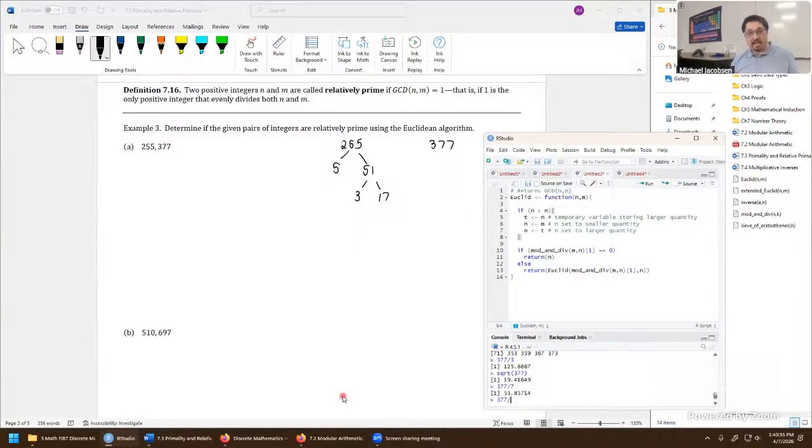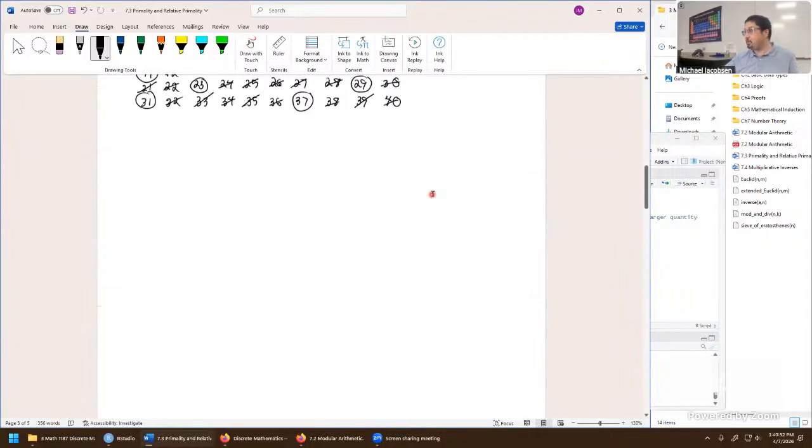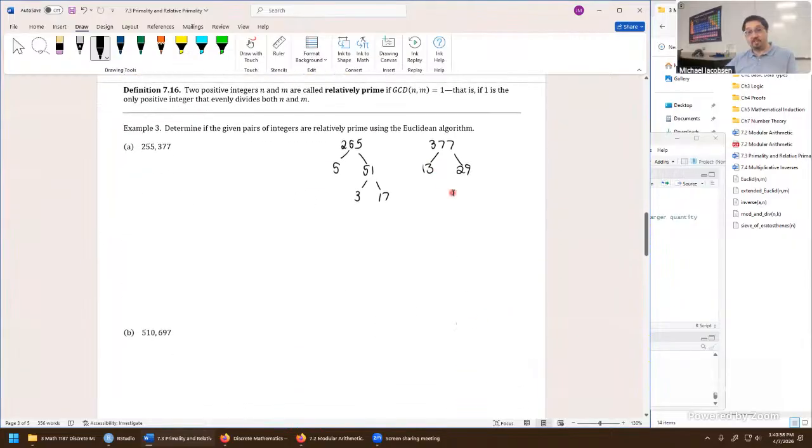8 won't divide, 9 won't because 3 didn't. How about 11? No luck there. Let's keep on searching. 13, and we've got a hit. 13 goes into 377 29 times. And if we look into our C, is 29 on the list? It is, it's prime. So that means we're done. That's our factor tree. No factors whatsoever in common.